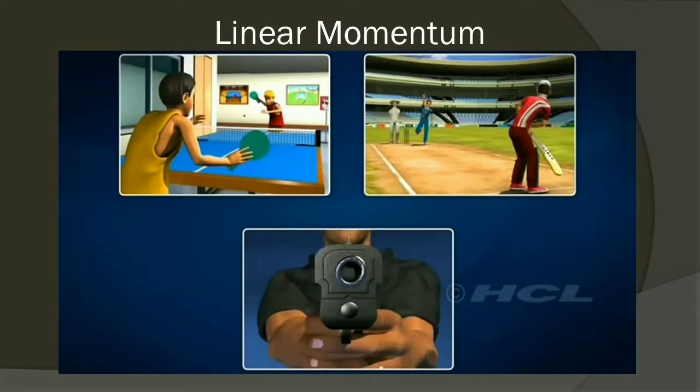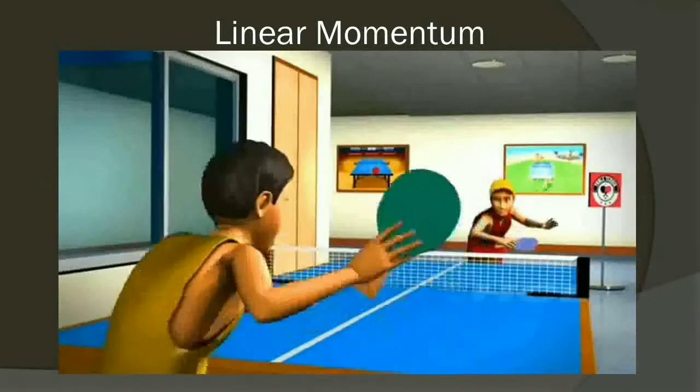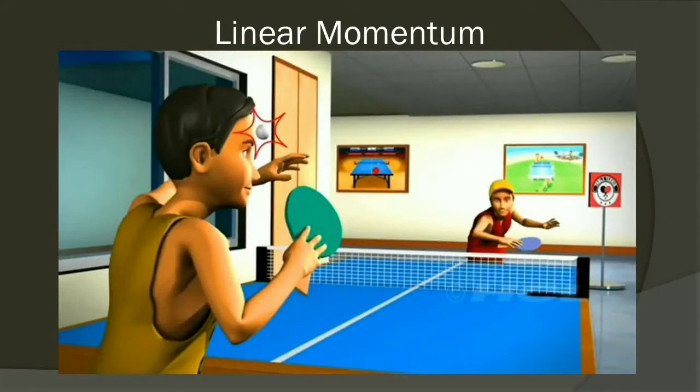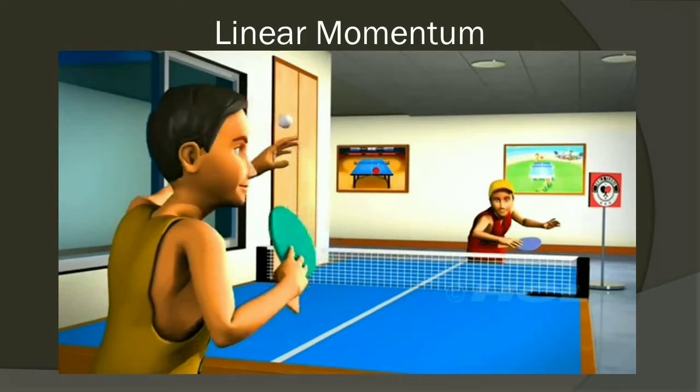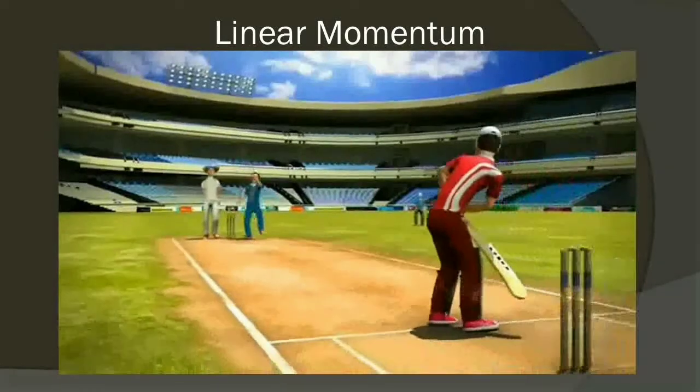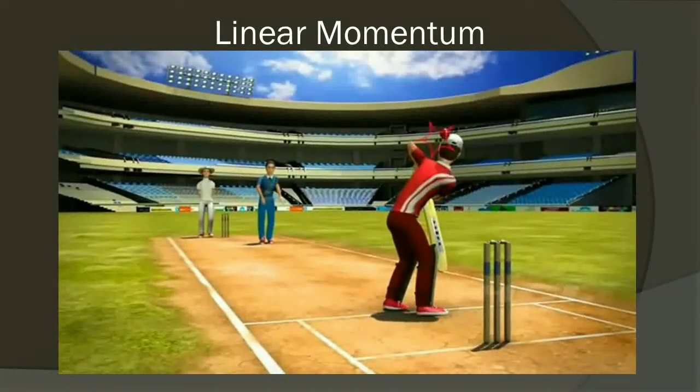Suppose a table tennis ball hits a player, but the player is not badly hurt. Why so? On the other hand, cricketers have special gear to protect themselves from injuries from a fast cricket ball.